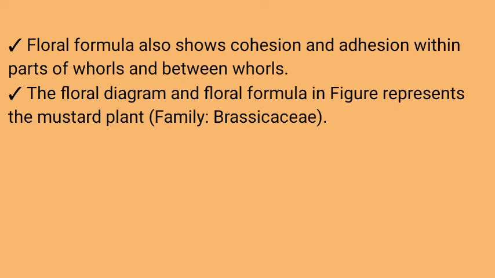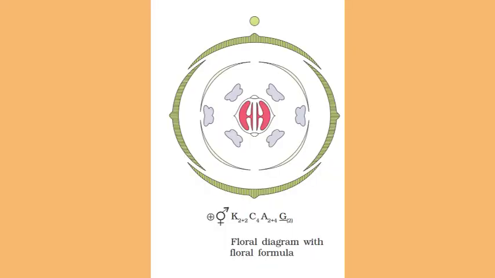The floral diagram and floral formula in the figure represent a Brassicaceae family plant, for example, mustard. Let's see the diagrammatic representation of the floral diagram with the floral formula of mustard or Brassica. See, at the top, the dot is called the mother axis. Below that, the calyx.